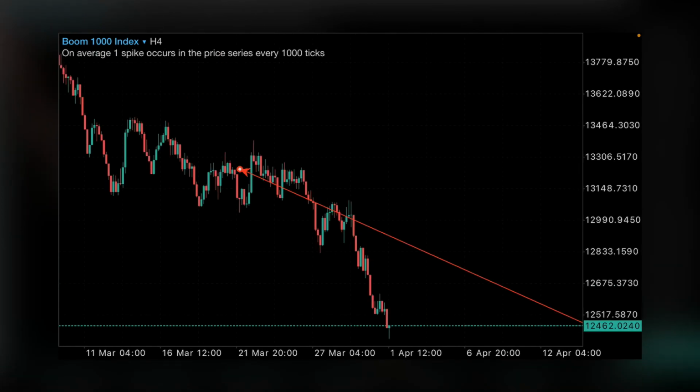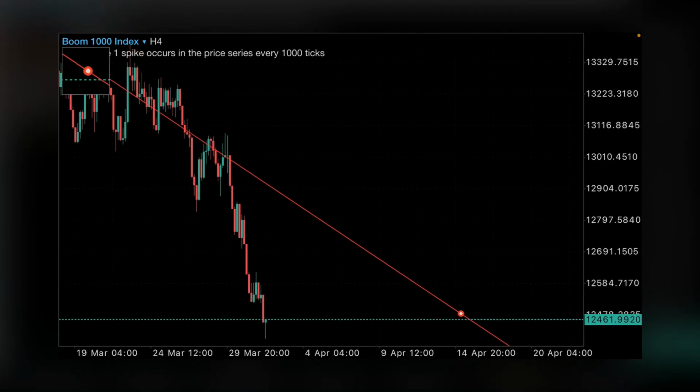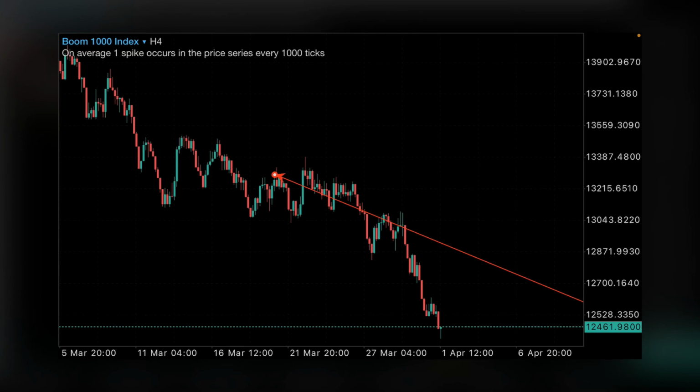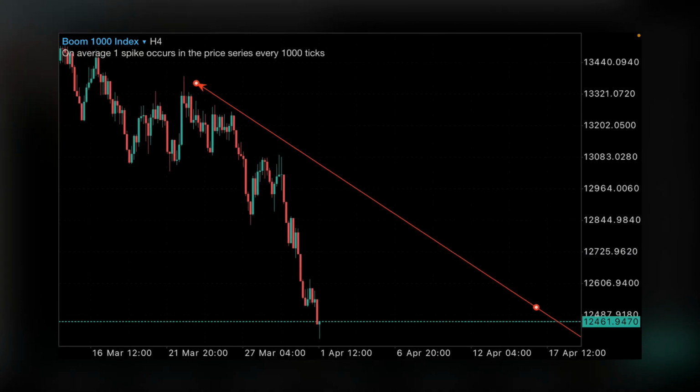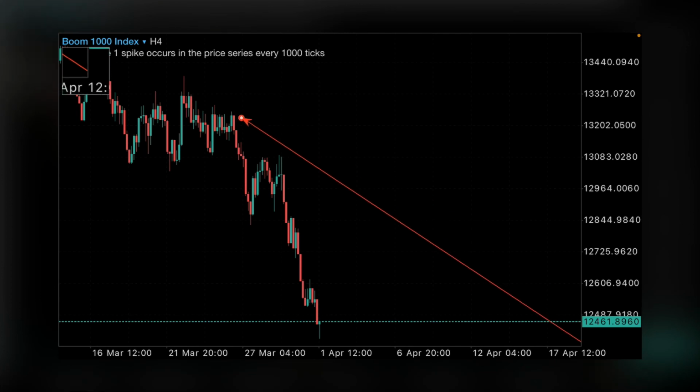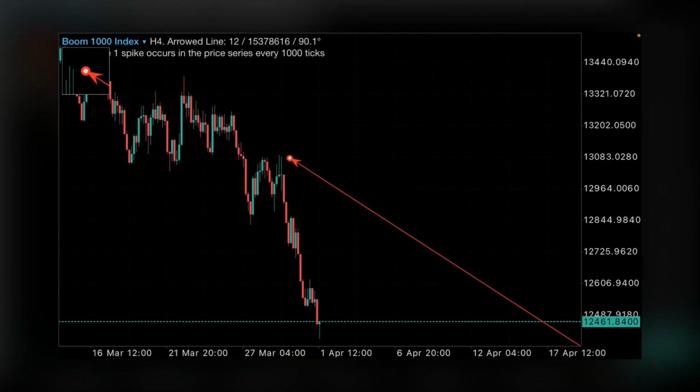Now, when price has made that retracement, this is what you look out for. Look out for price rejections. You can see one here. Price creating a pin bar. Since this is a downtrend, you can take a sell. Price created another rejection here.